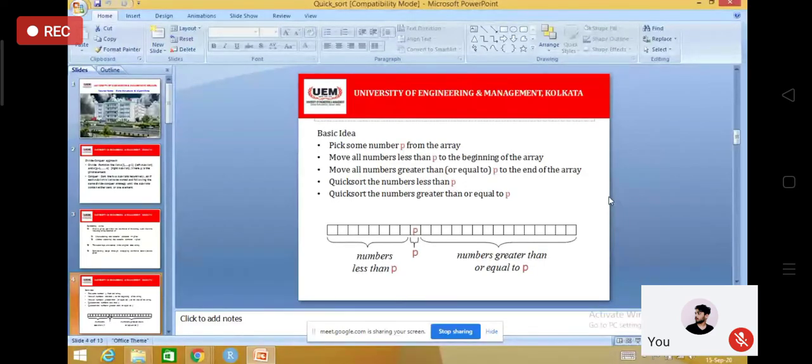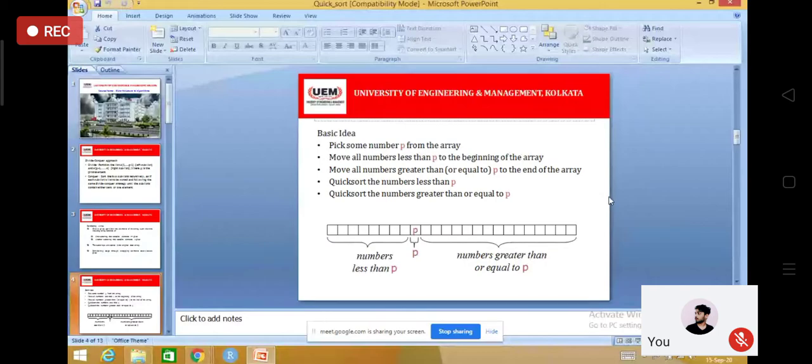So how should we proceed, and which element should be chosen as the pivot? The basic idea is there is no hard and fast rule to select a pivot. Ideally, any element in the array can be chosen arbitrarily as the pivot element, and then you need to do some adjustment.